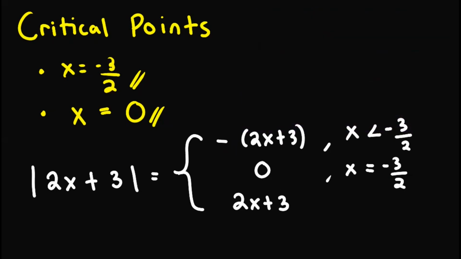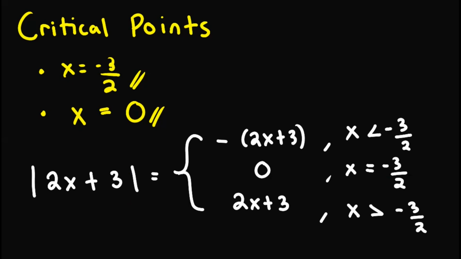How about for this region out here? Well, this is just the ordinary or typical region, wherein if we get a positive value out here, we simply note that the absolute value of this one is simply the expression inside, or the 2x plus 3. So this happens for cases where x is greater than the critical point, which is negative 3 over 2.